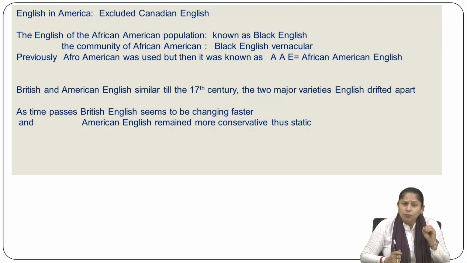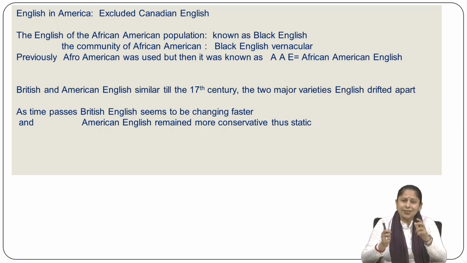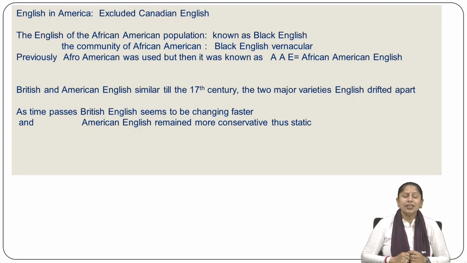So the community who lives in the African American region speak Black English. They speak English, but that English is known as Black English. Again, the African American community's English is also known as Black English vernacular. Why is there a word vernacular? Because they speak English with certain kinds of inflections of African languages as well.